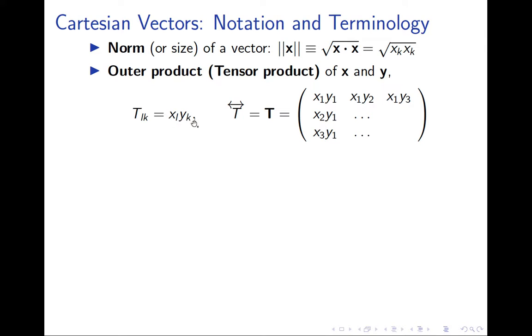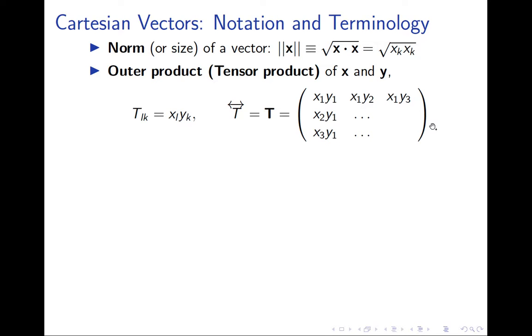As I said, the outer product consists of many components or entries, and all of them can be stacked together nicely in a matrix, which is denoted by this double-headed arrow T or boldface T. The idea is that the ijth component of this will give you the product T_ij, which is x_i y_j. So the 1 1 component will give you x1 y1, and the 1 2 component will give you x1 y2, and so on and so forth. Clearly, this is not the same as y_l x_k. So the ordering matters when you have an outer product.